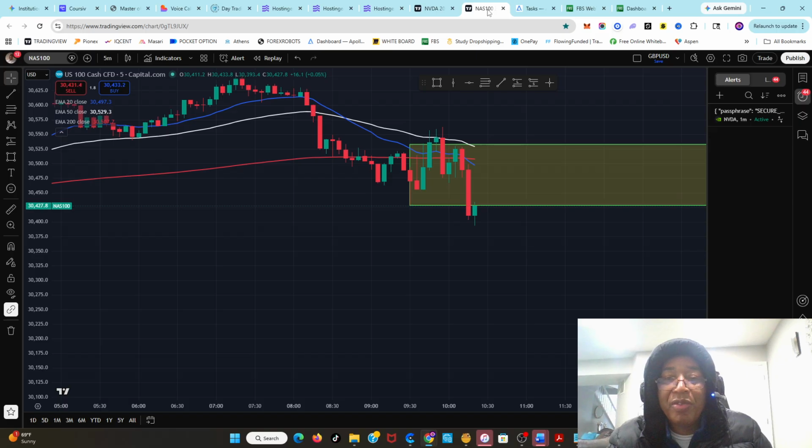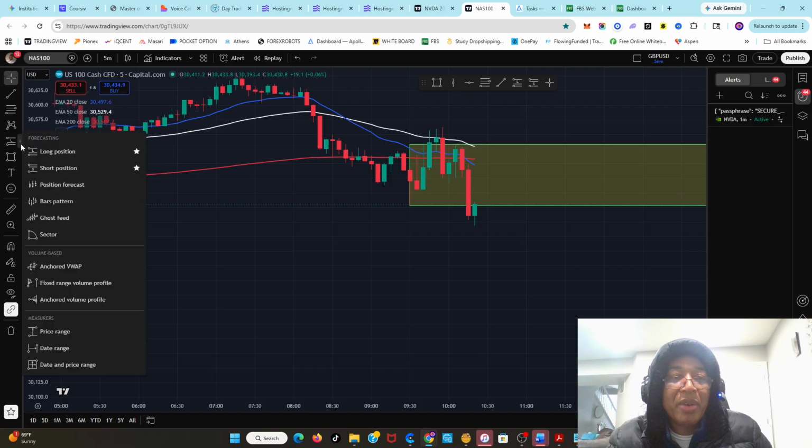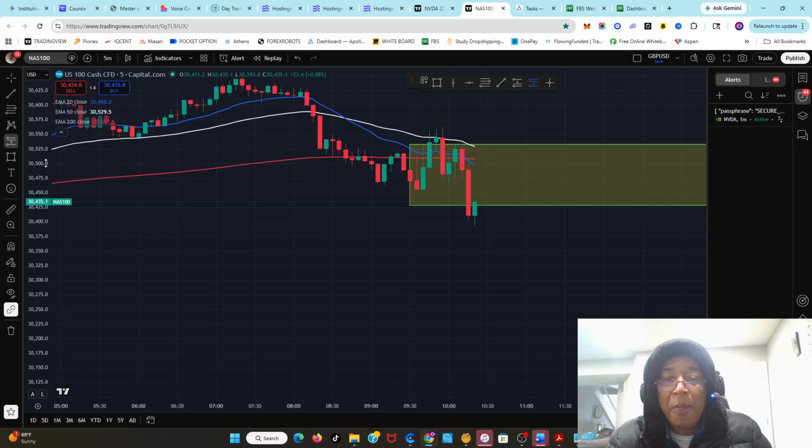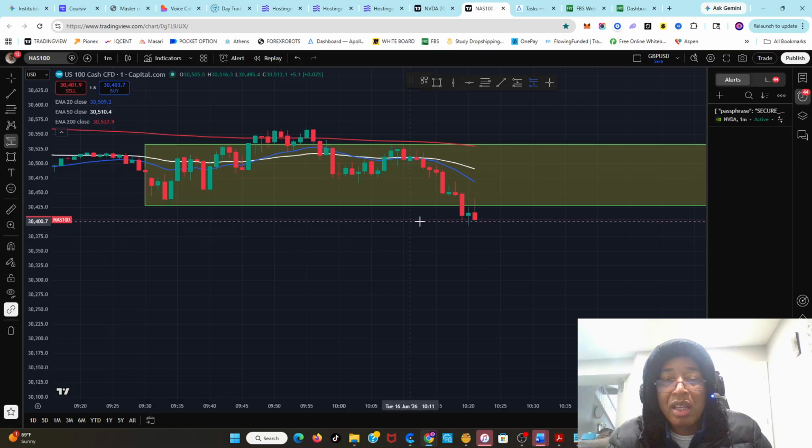So let's see if that's going to be our retest. If it is our retest, we're going to go with a short position when the candle closes. We wait for the next candle. If the next candle breaks, starts going to the other side, we can say that's our retest. If you look at the 1 minuters, the 1 minuters are showing like this.